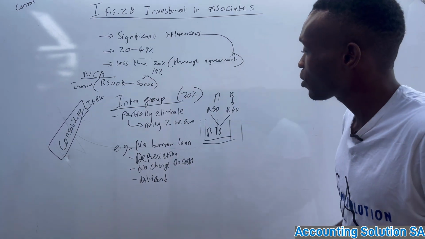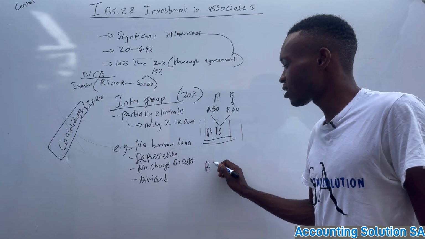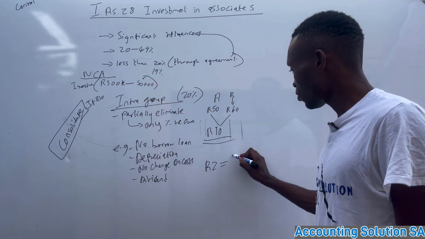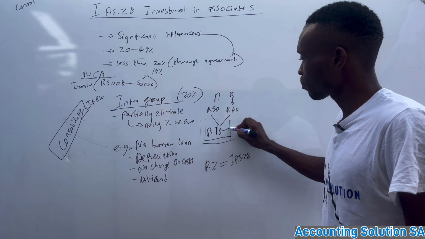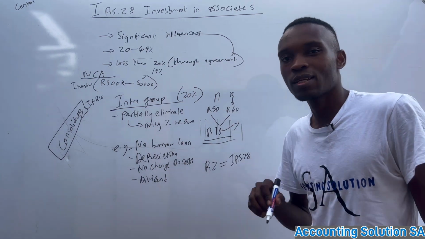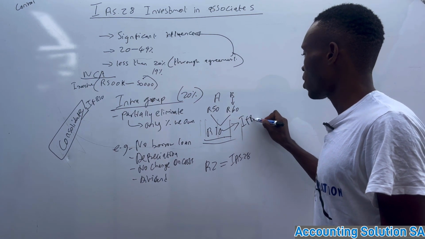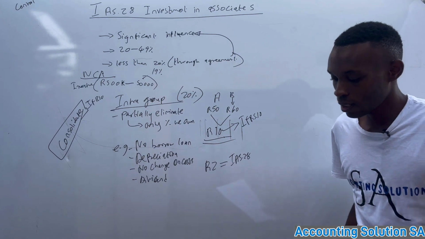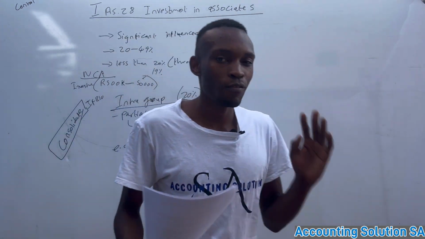We only eliminate 20% of 10, which means we are only going to eliminate 2 rand. This 2 rand is eliminated in terms of IAS 28. Because IFRS 10 eliminates in full, under IFRS 10 we are going to eliminate in full. So this is the difference between IAS 28 and IFRS 10.